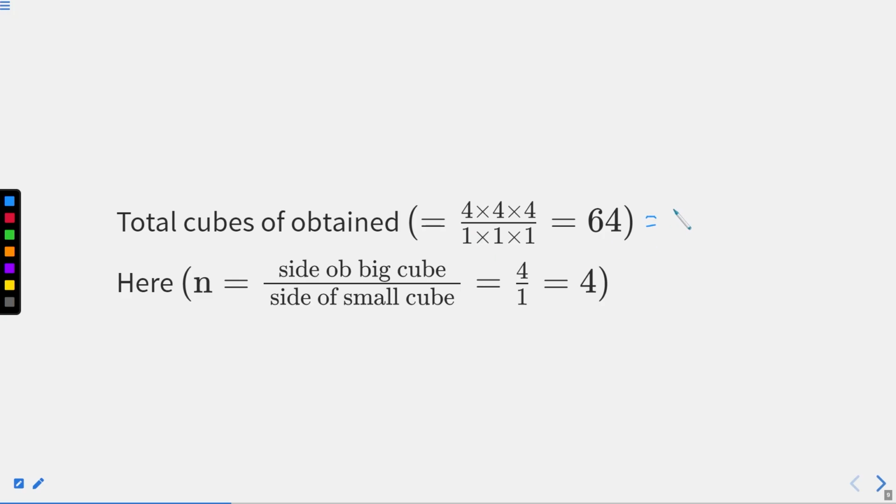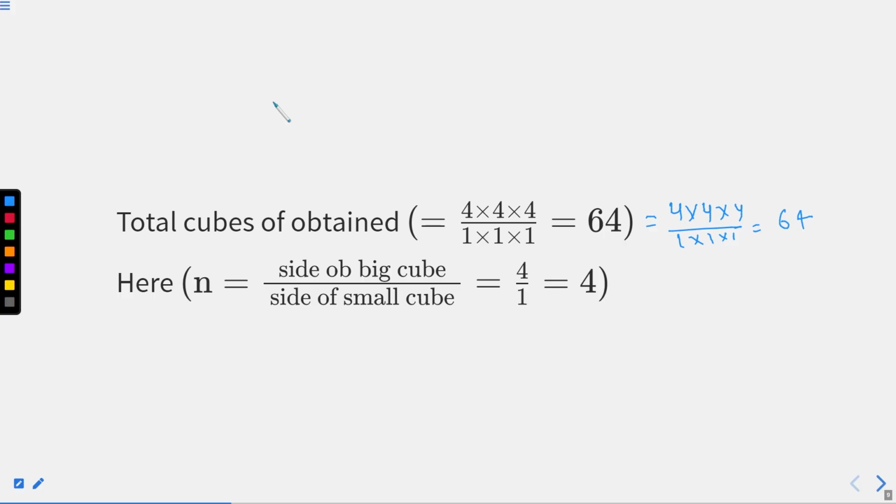The number of cubes will be 4 on the first surface, 4 on the second surface, and similarly on the third surface. Basically, we are dividing the volume. So the volume of the bigger cube will be this and the volume of the smaller cube will be this. The total result that we get is 64.